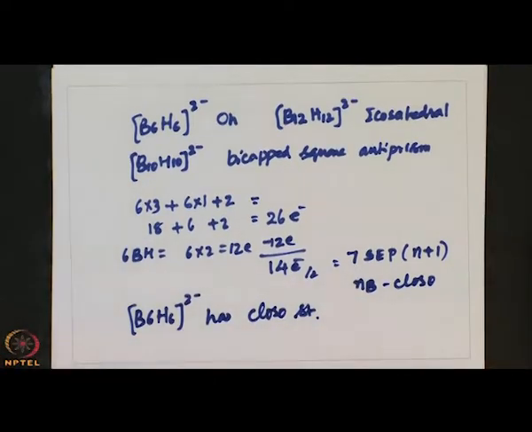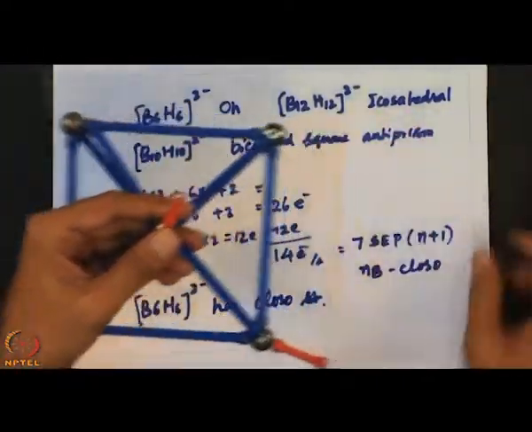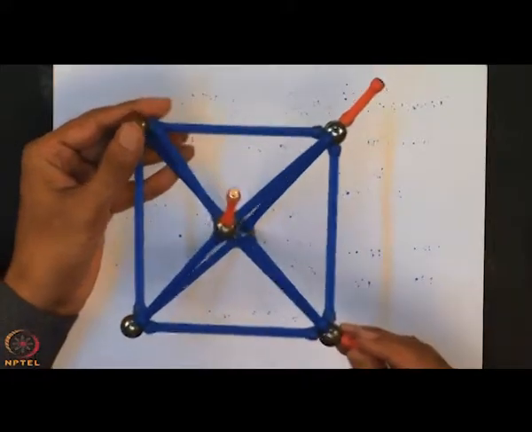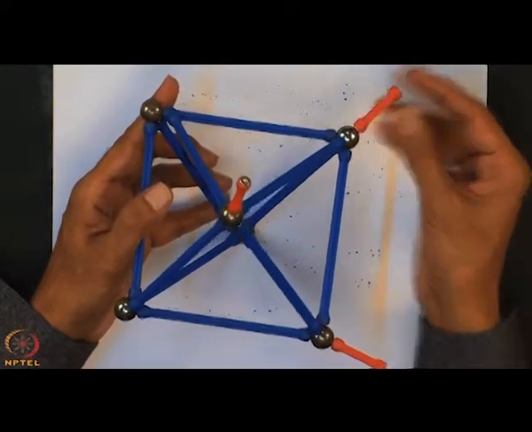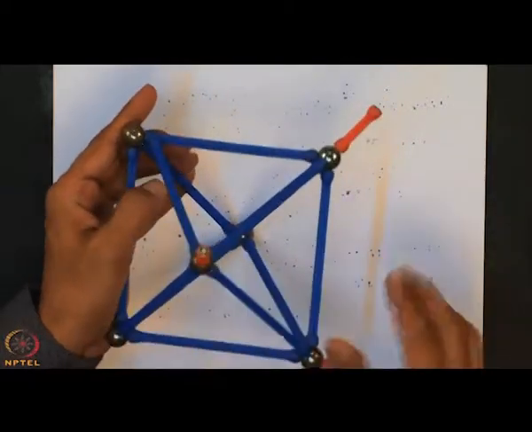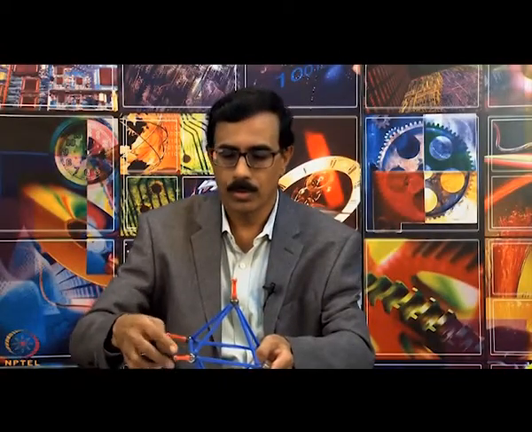That means it is something like this, and in this one each boron has one BH bond. So, here we can add, this is your BH bond, so this is the structure of B6H6 2 minus. We should put 1 2 3 here, 1 2 3 here.